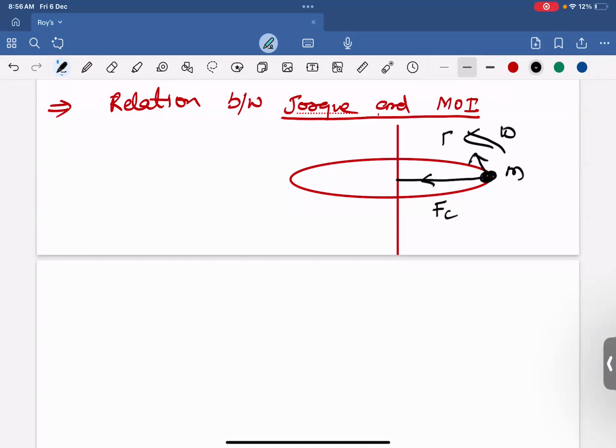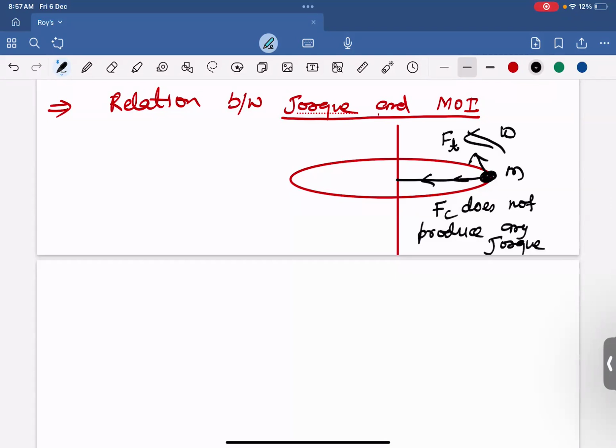I know that centripetal force will not produce any kind of torque. Why? Because it is intersecting the axis. It is going along the R. If this I'll take is R, any force that is along R does not produce any kind of torque. So centripetal force does not produce any torque.